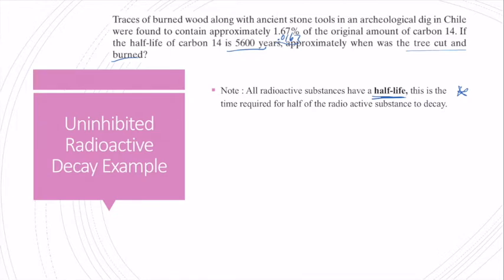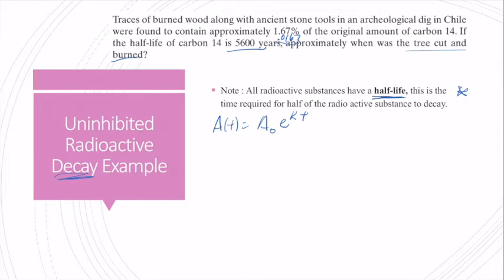So I know it's going to follow the form A of t equals A sub naught e to the kt, and this time k is going to be negative because we're looking at decay. A naught is the original amount of carbon.